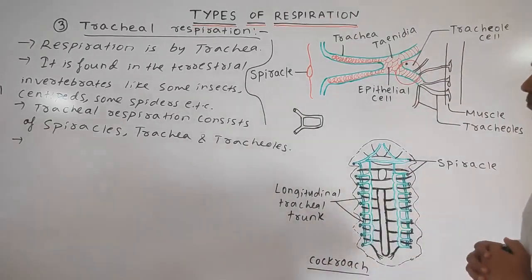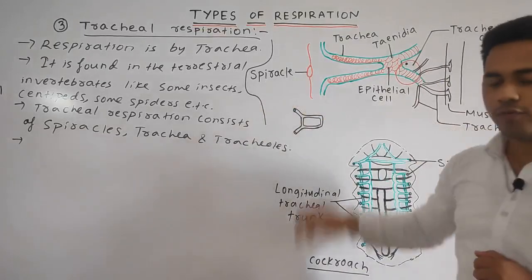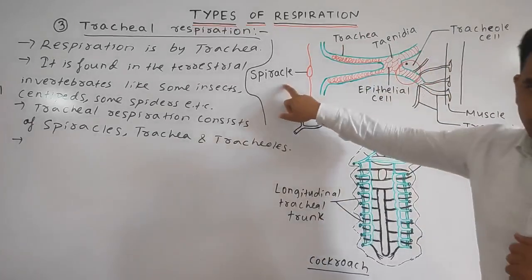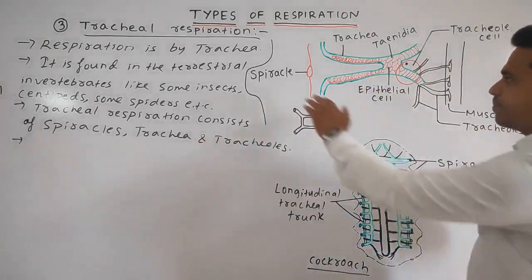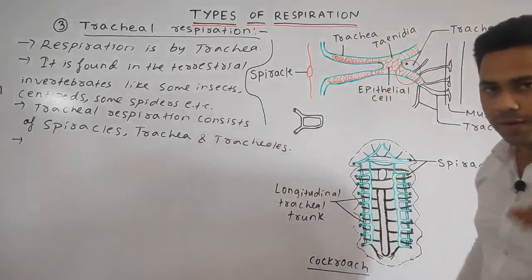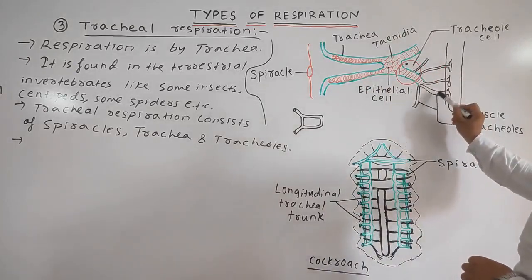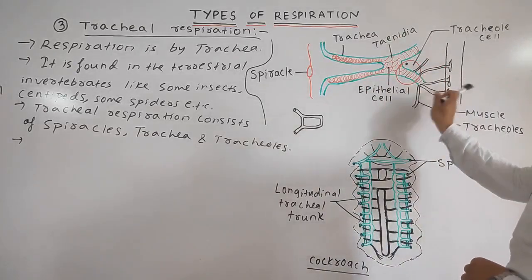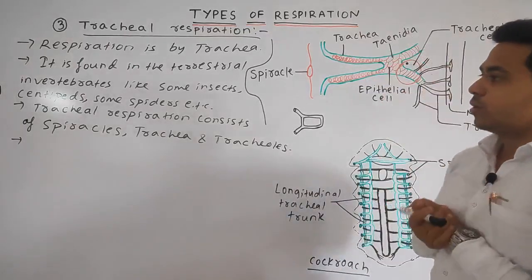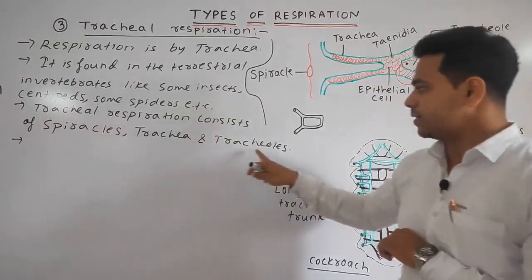We can see this oval slit-like opening, which is called the spiracle. Three main portions are present. This one is the spiracles, this tube-like structure is the trachea, and the trachea are further branched into various branches such as tracheoles, which are submerged inside the muscles. So we have three parts in the tracheal respiration: spiracles, trachea and tracheoles.